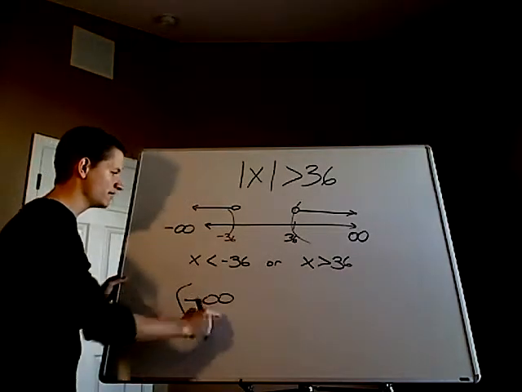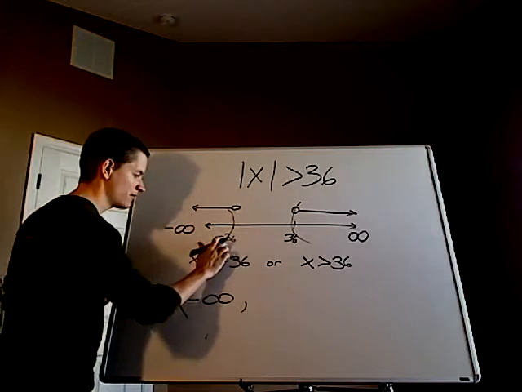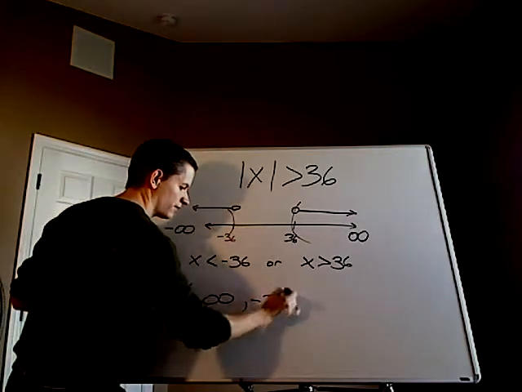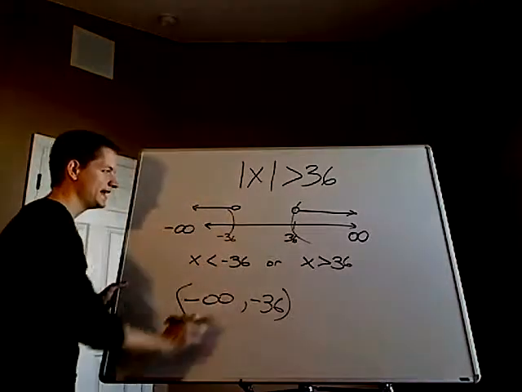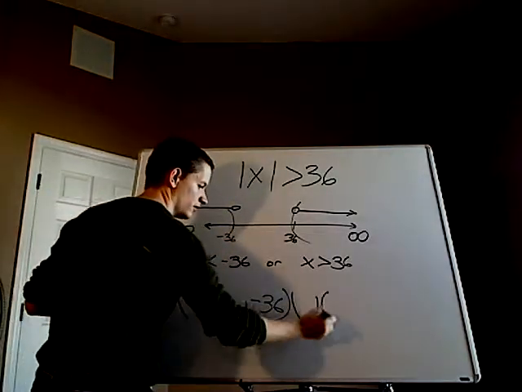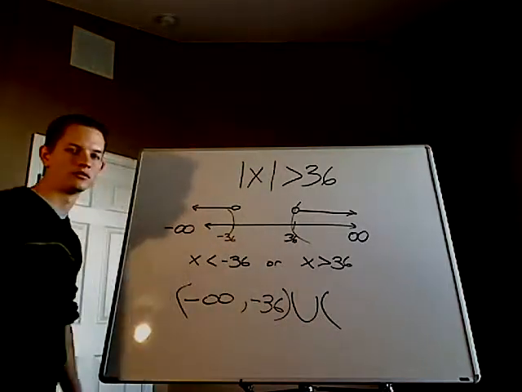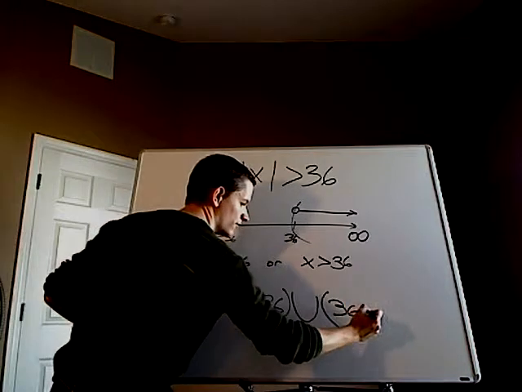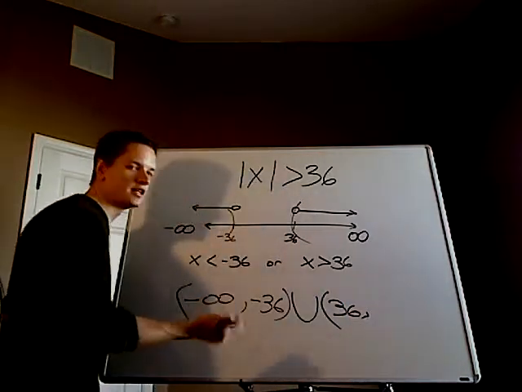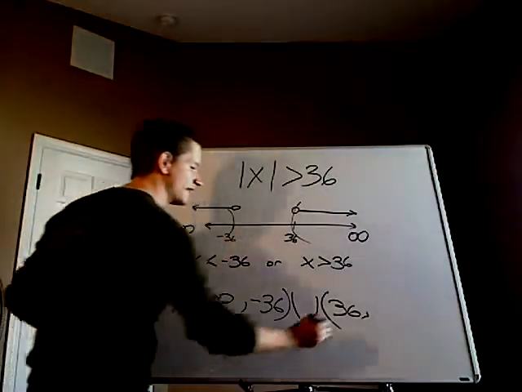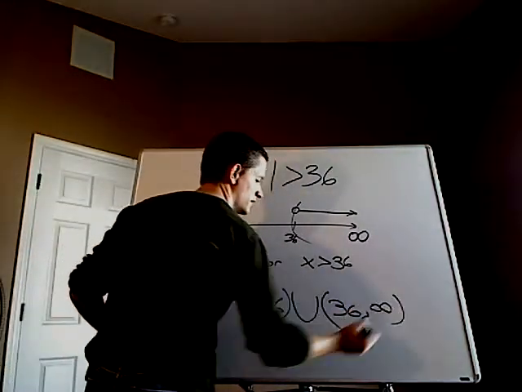So that is negative infinity. It's stopping at where? Negative 36. And since it's an or, you're going to put in union with, and you're starting back up where? At the 36, and then it continues on going where? Positive infinity.